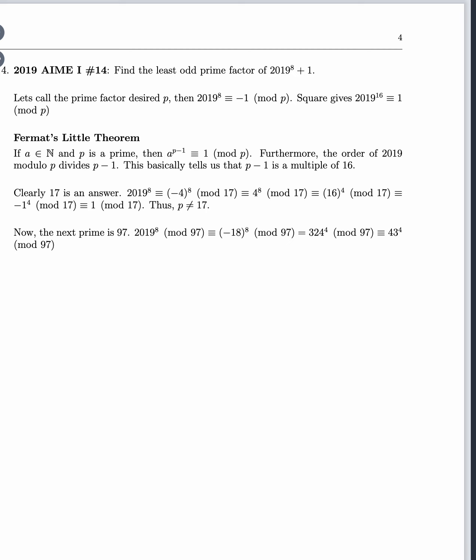So 1089 divided by 97 gives a remainder of 22 mod 97, which is equal to -1 mod 97, since 97 times 5 is equal to 485, which is 44 squared plus 1.